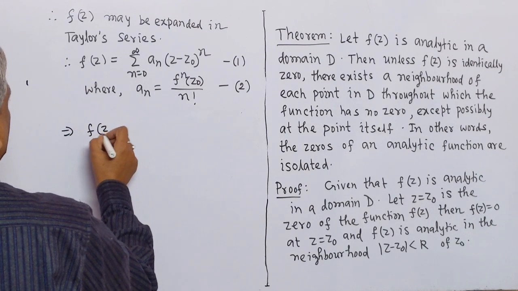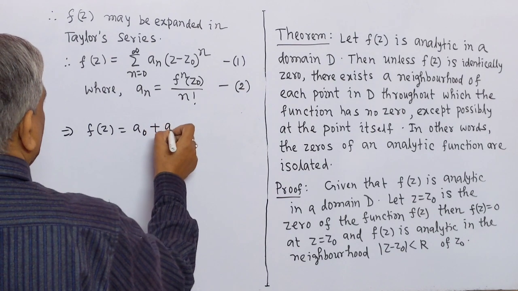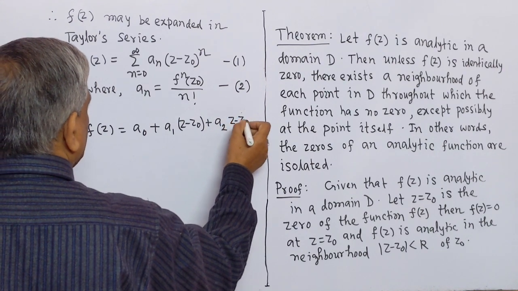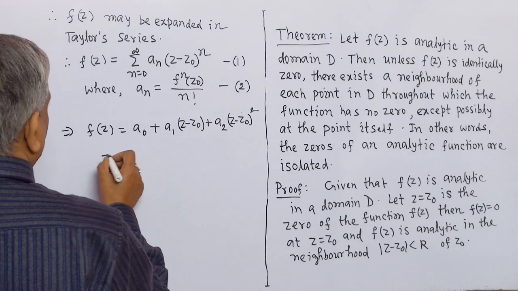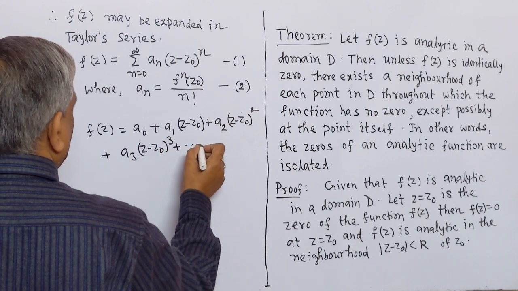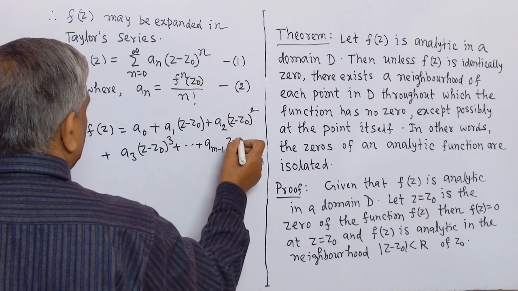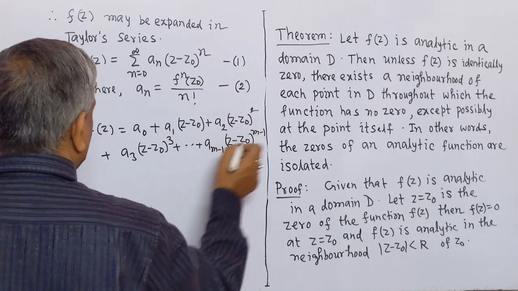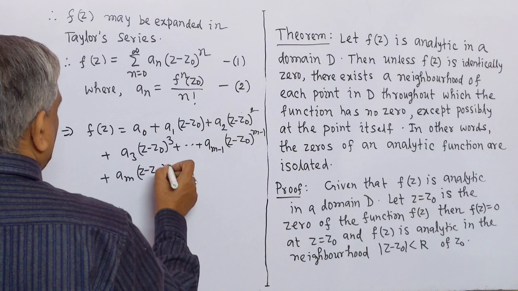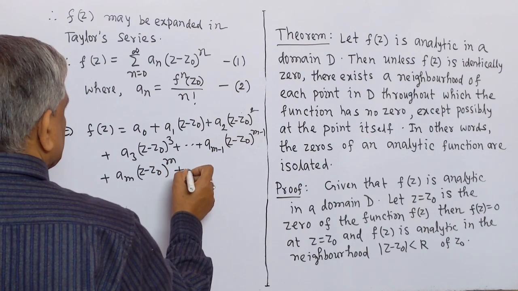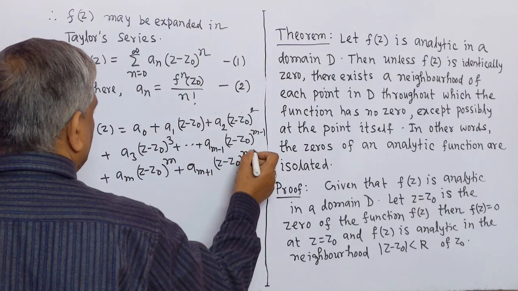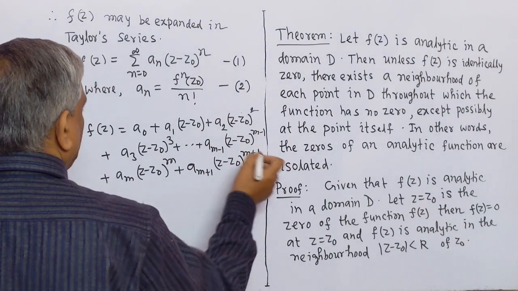This implies that f(z) equal to a naught plus a1 (z minus z naught) plus a2 (z minus z naught) square plus a3 (z minus z naught) cube plus dot dot dot dot a(m minus 1) (z minus z naught) to the power m minus 1 plus am (z minus z naught) to the power m plus a(m plus 1) (z minus z naught) to the power m plus 1 plus dot dot dot dot.